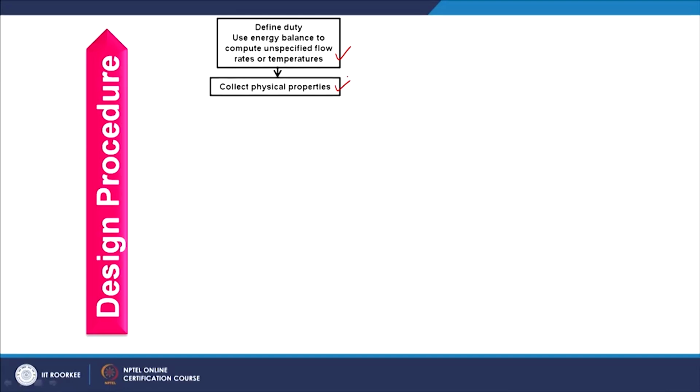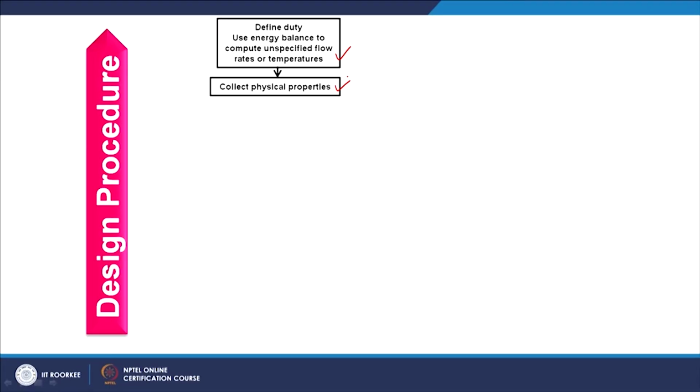What is the unknown parameter and what are the known parameters, that we will discuss in detail in this design. Here I am only focusing on the steps. First of all you have to compute the heat duty and find out the unknown parameter. After that we have to collect the physical properties.